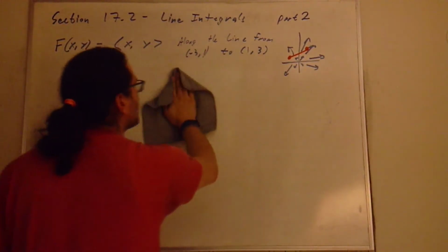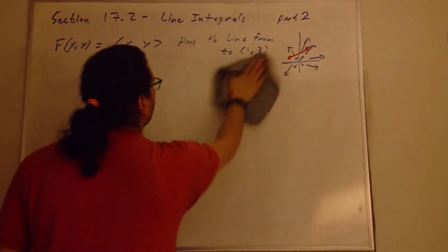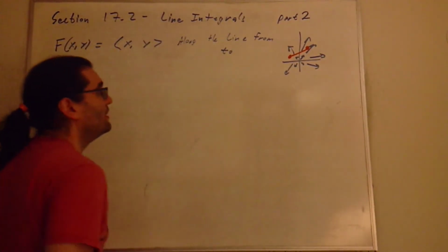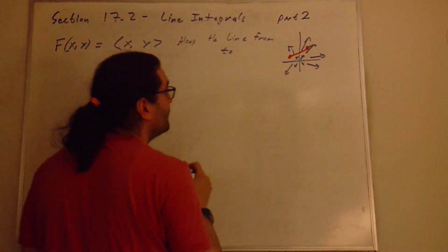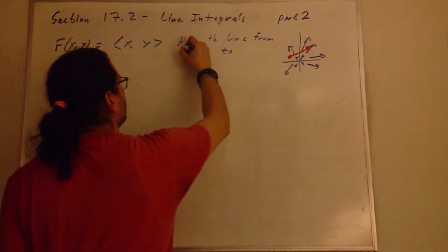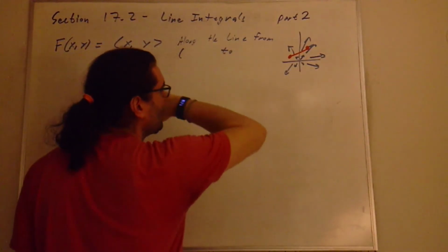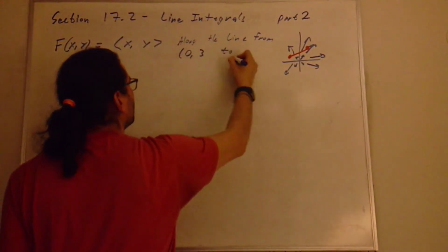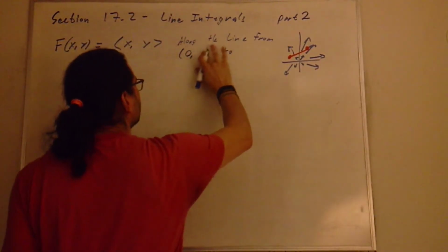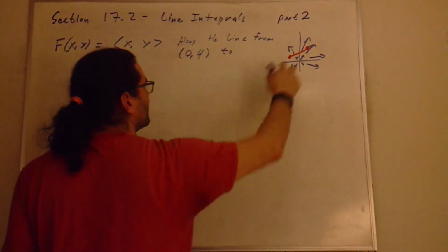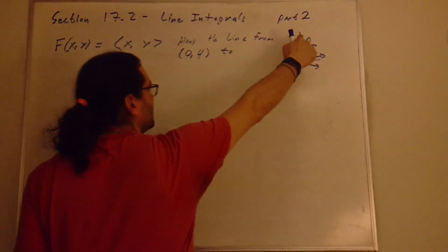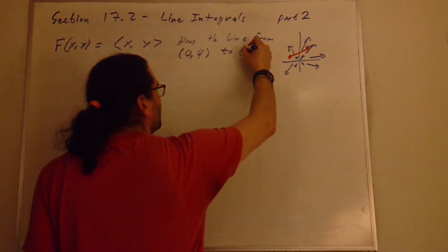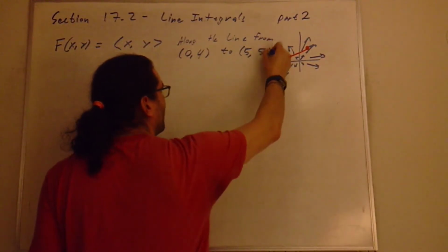Okay. Let's pick different points, see if we get an integral that isn't 0. Let's go from 0, 4, that's over here, to 5, 5.